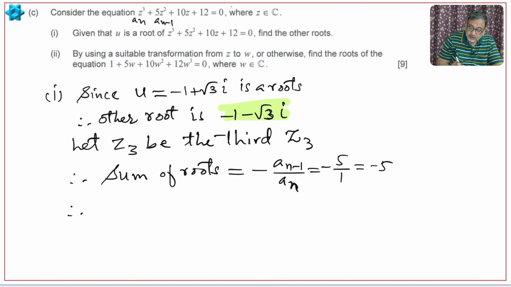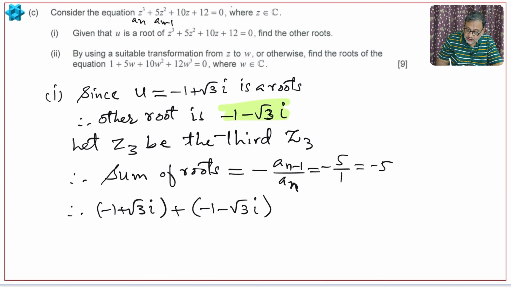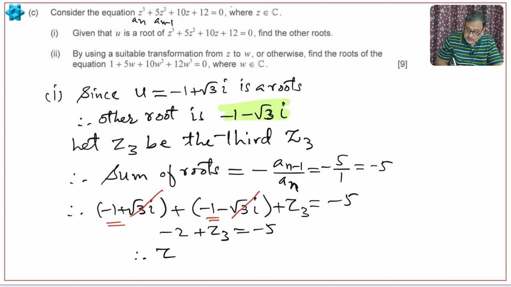And therefore we will write all the roots. So first root is minus 1 plus root 3i. Second root we already found, minus 1 minus root 3i, and third root we have taken as z3 is equal to minus 5. In this, this and this get cancelled. This and this will get added, negative 2 plus z3 is minus 5. So therefore, z3 will be minus 5 plus 2, minus 3, okay. So the third root is this.